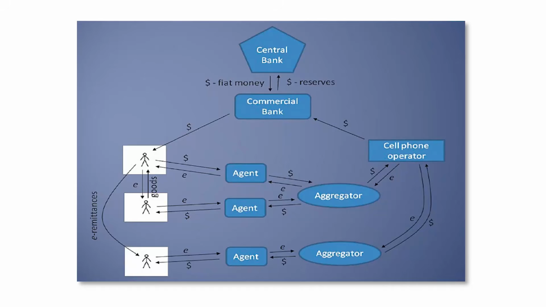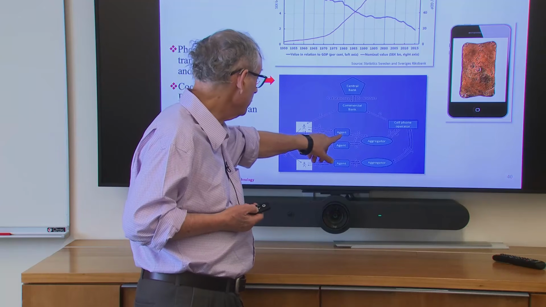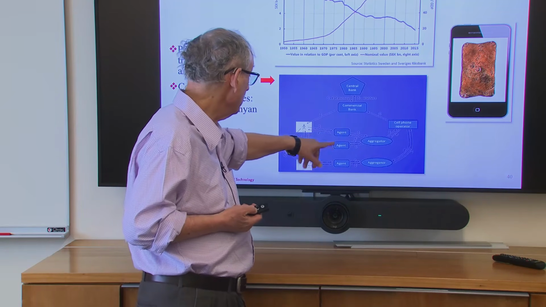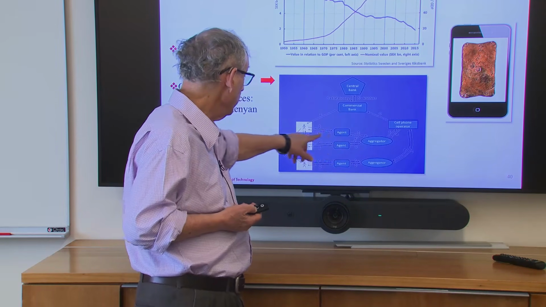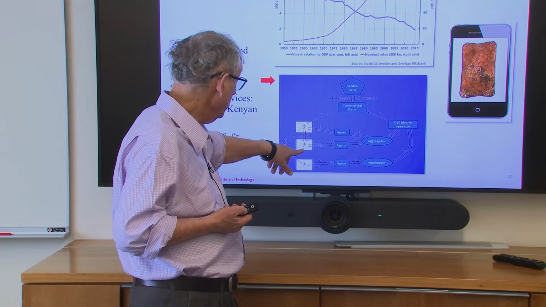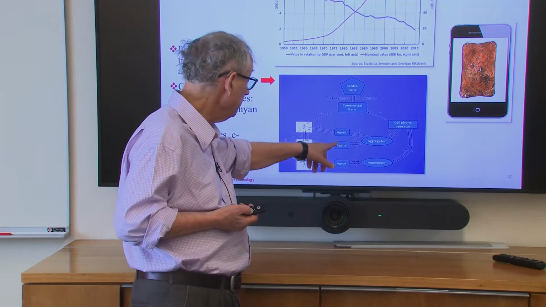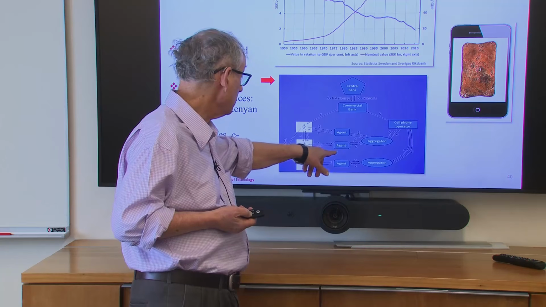And you can see the stick figure here takes his or her dollars to an agent, a Safaricom agent from the mobile company, and gets credited with the phone credits, which then can be used to buy something, and the supplier can cash it out, goes back to a different agent to cash out.